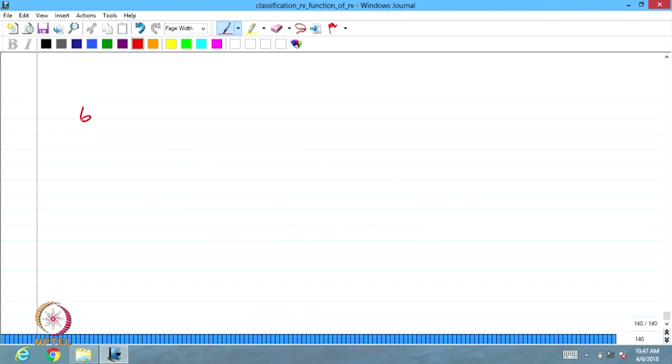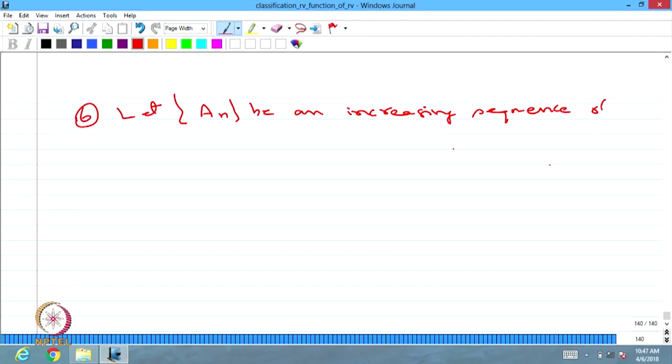The next result: let A suffix n be an increasing sequence of events, or elements in F. The elements in F are nothing but the events.